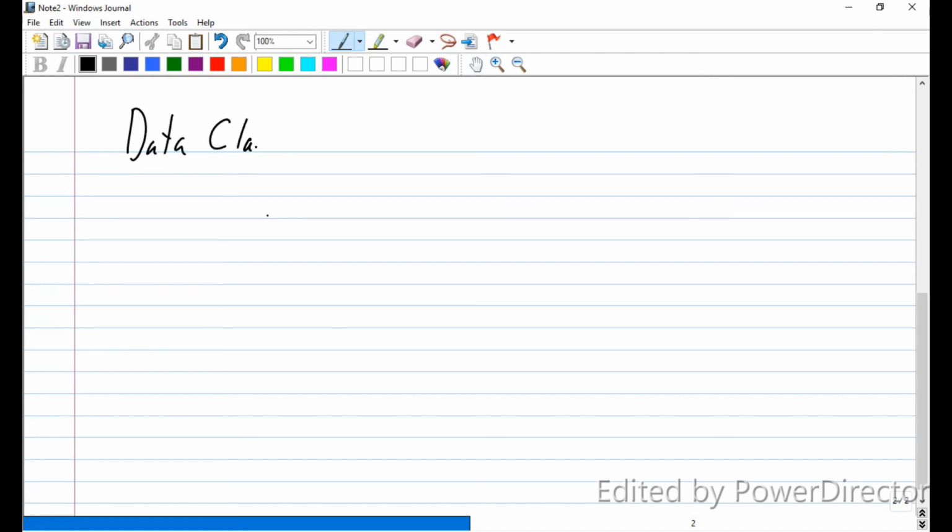There are a lot of different ways to classify data. Two types of data are discrete data and continuous data.